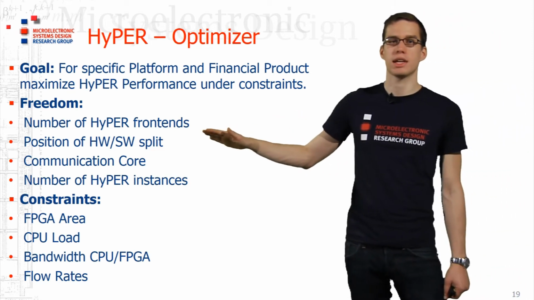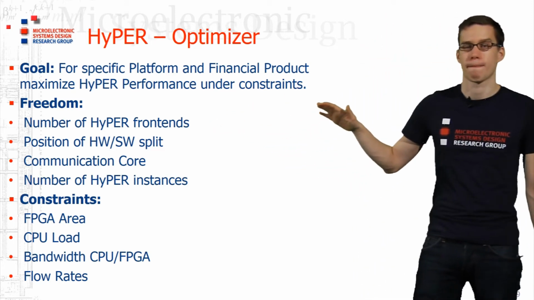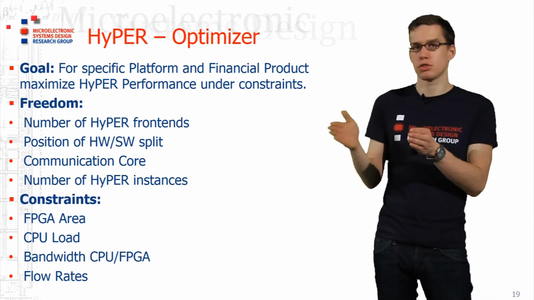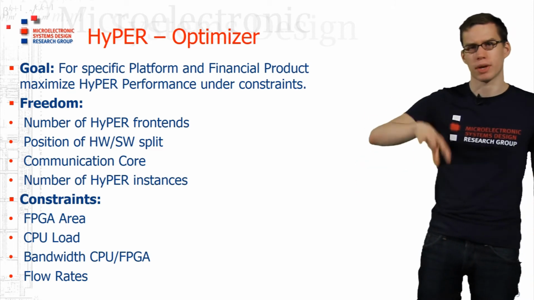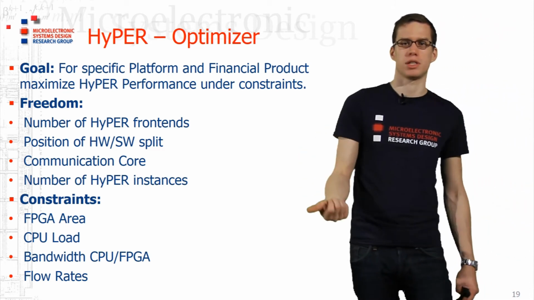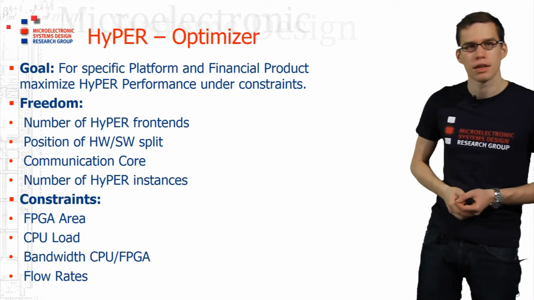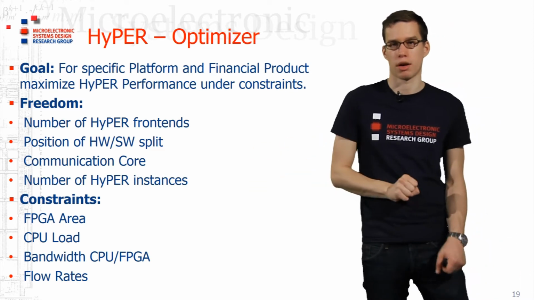So the freedom is the number of hyper instances, number of hyper front ends, how many front ends to put on one back end, where to do the hardware-software split, also which communication core we use between FPGA and CPU. Do we use a DMA? Do we use register transfer? They all have different pros and cons. And also how many hyper instances do we put on our FPGA.